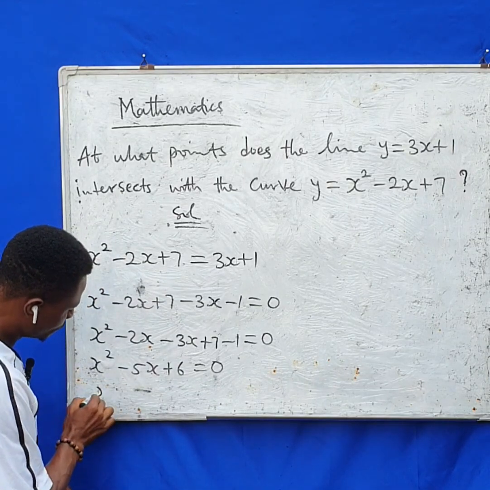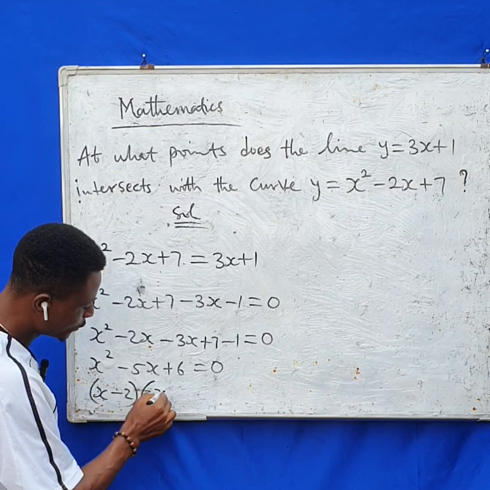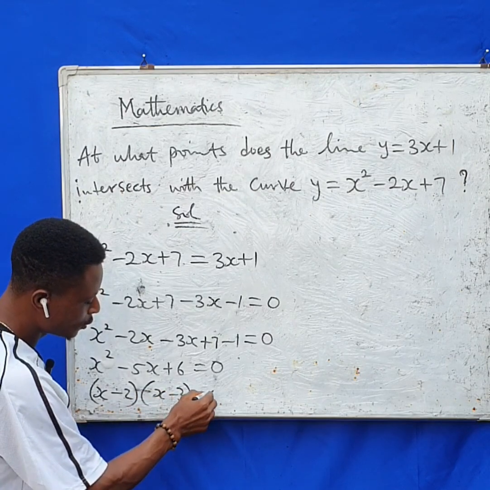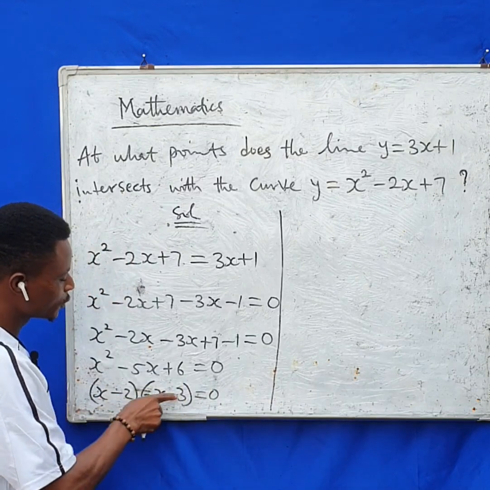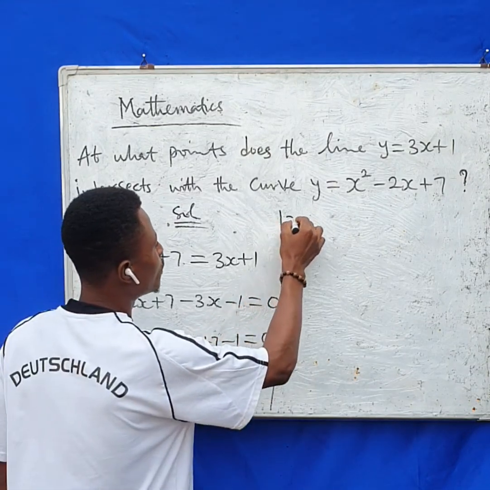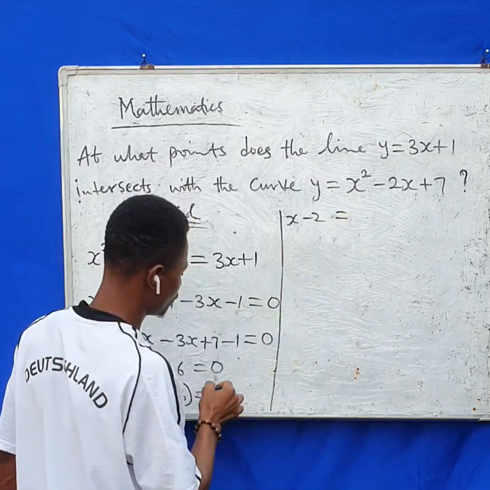So we have x minus 2 and x minus 3, equal to 0. Once you have done that, let's equate each of these to 0. So we have x minus 2, which is this first one, equal to 0.